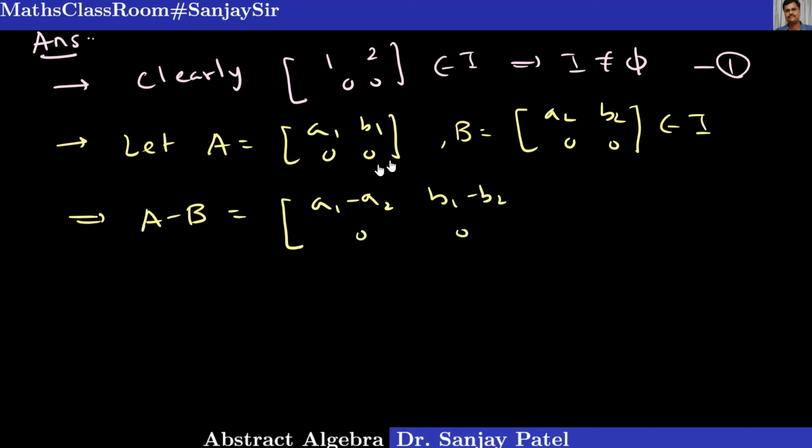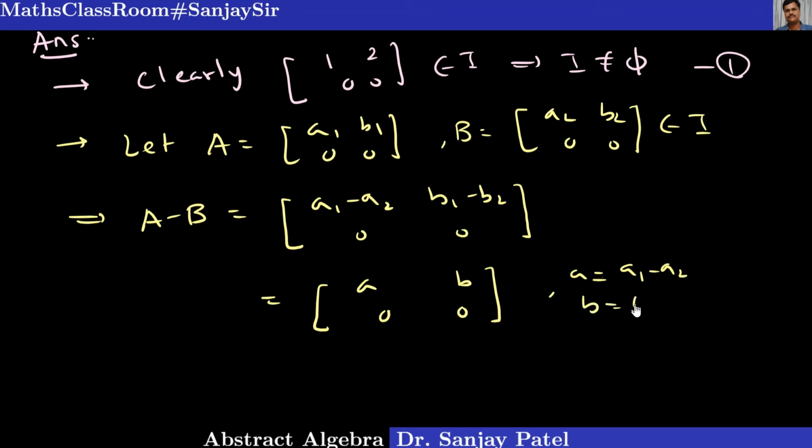You can use any symbols. This is simple, so I am writing like this. So this matrix is of the form A, B, 0, 0. I am calling A1 minus A2 as A and B1 minus B2 as B, and these are real numbers.